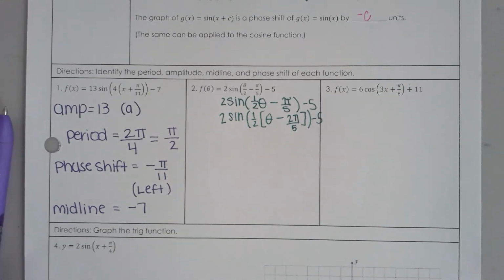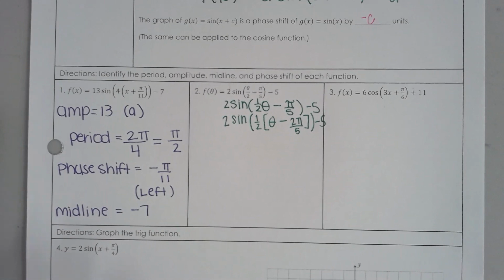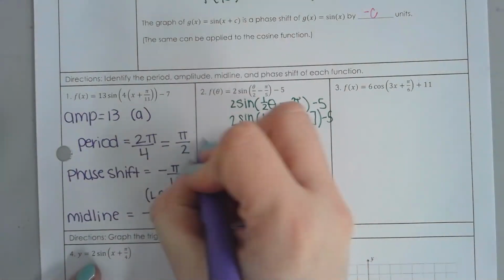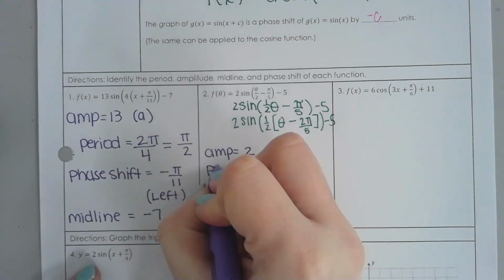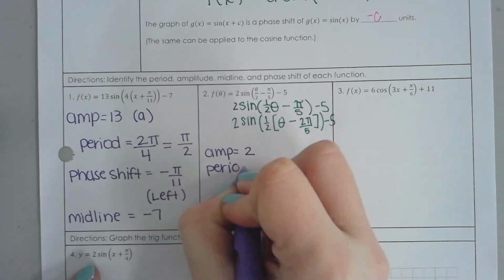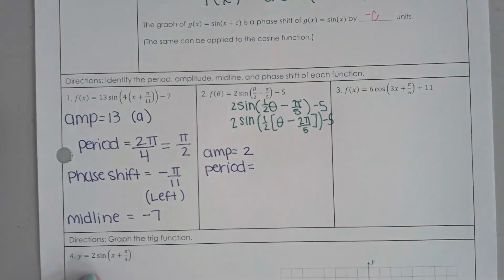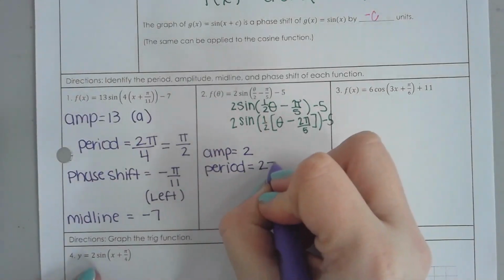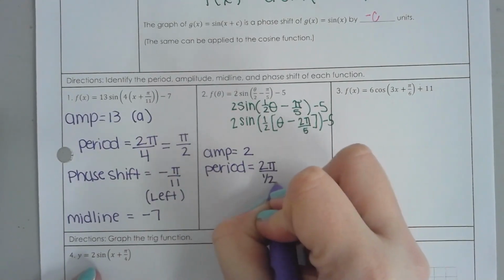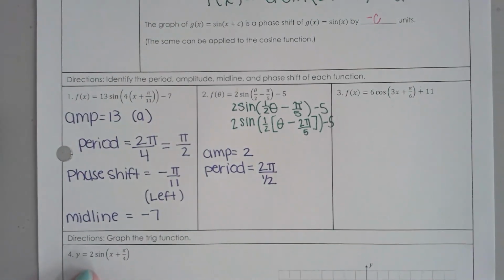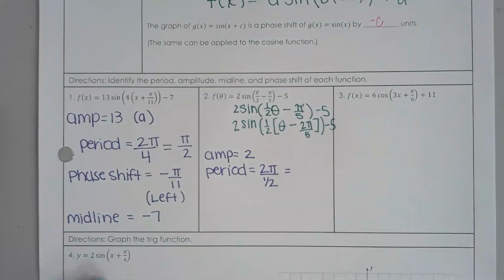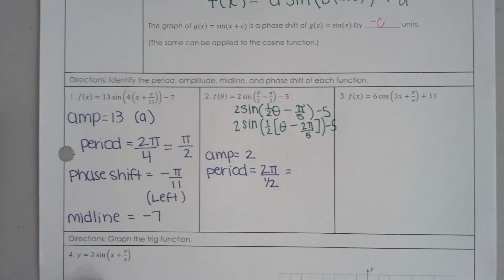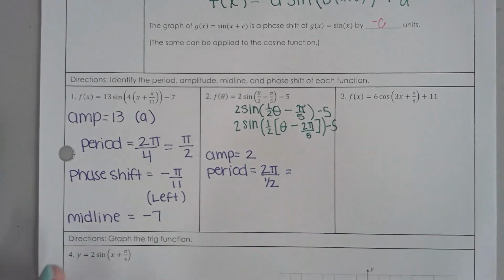So now we can identify all pieces. So the amplitude is 2. The period is 2 pi over 1/2, 2 pi over b, which is what? 4 pi. Dividing by 1/2 is the same as multiplying by 2. So 4 pi.